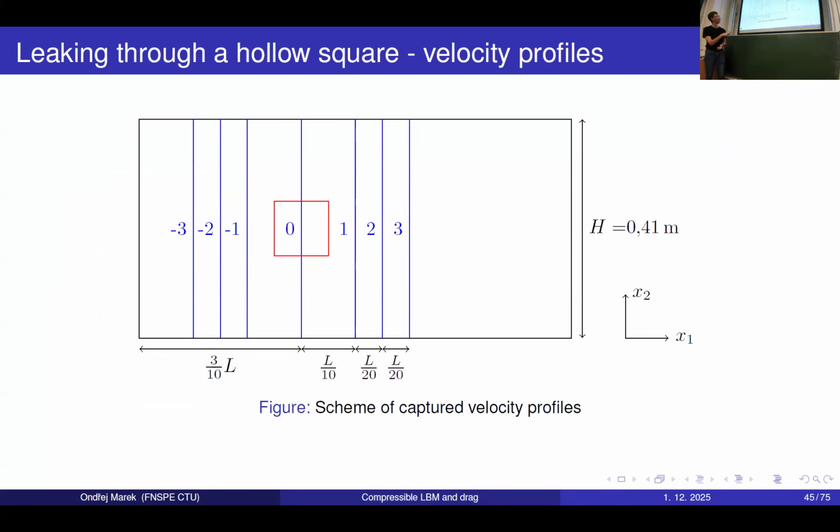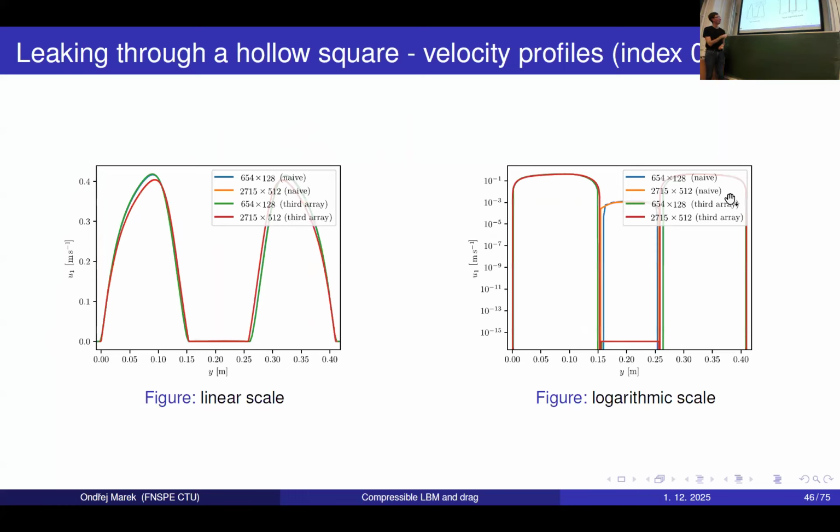And furthermore, if we look at this velocity profile, it doesn't seem like that much of a difference. Here we can see the square. This is inside the square. But if we take the logarithm of this function, we can see that in the naive case, there is 10 to the power of minus 1 velocity at the side of the square, and inside there is 10 to the power of minus 3.